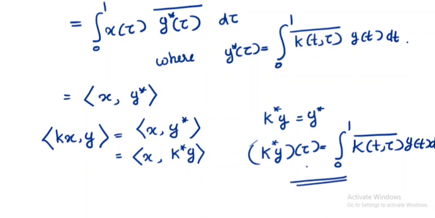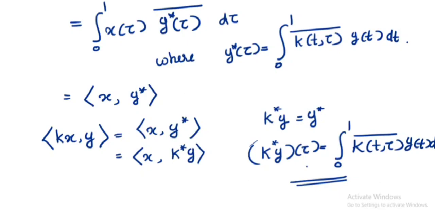Okay, so here, as H is a Hilbert space, K star y is the adjoint of K. That means y star is the adjoint. Therefore, the adjoint operator is the integral from 0 to 1 of k(t, tau) y(t) dt.